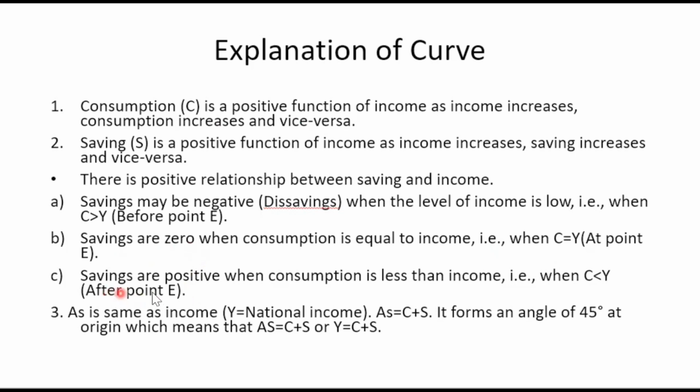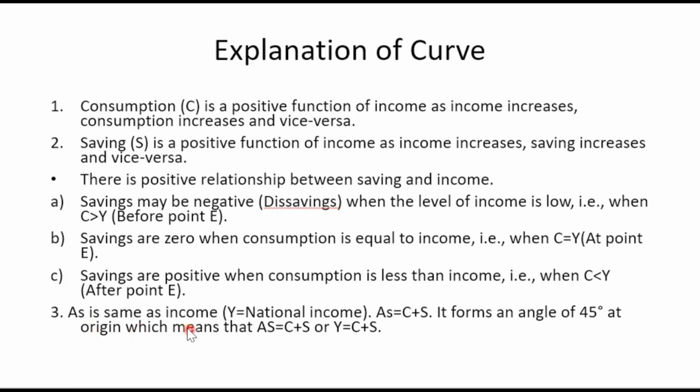Third, now saving starts becoming positive or increasing because consumption is less than income. That means income is greater than consumption. And where does it exist on the graph? After the point E.